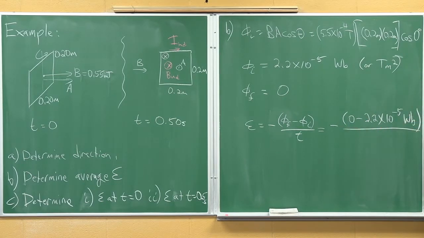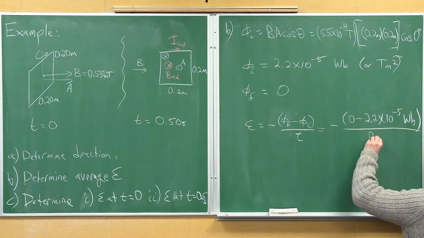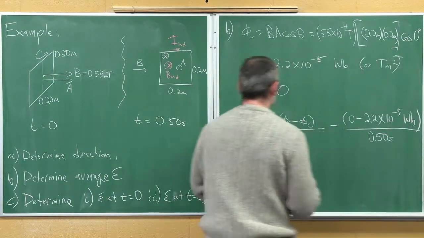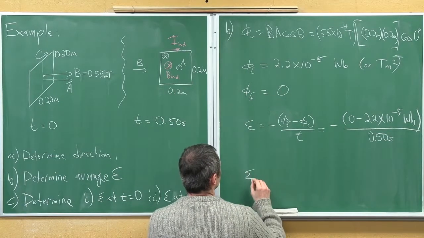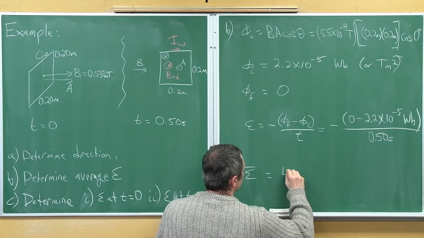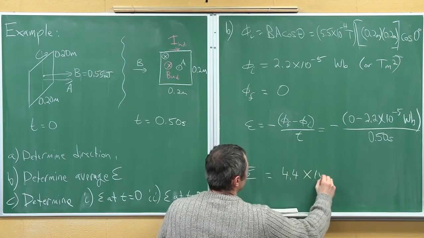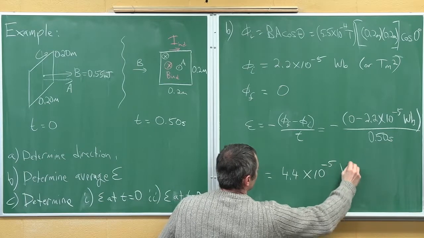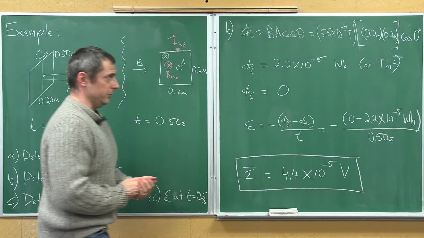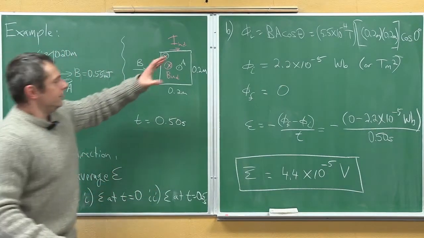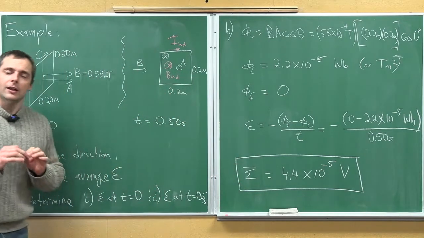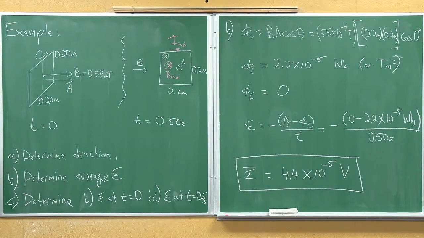And that all happened in 0.5 seconds. So when I divide that out, I get the average voltage, average EMF will be, there it is. The little symbol on top obviously means average. So delta flux per time gives me the average voltage. Let me create a pause to allow you to copy that example down.